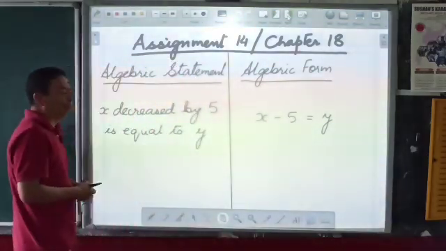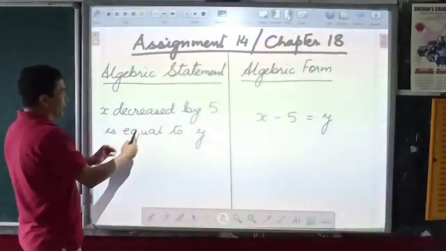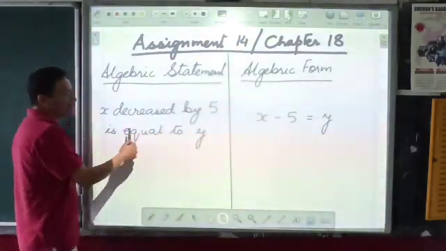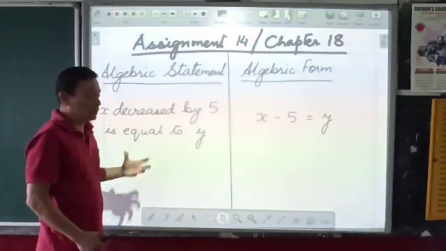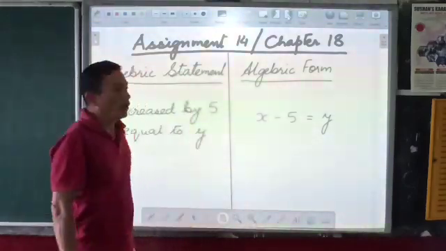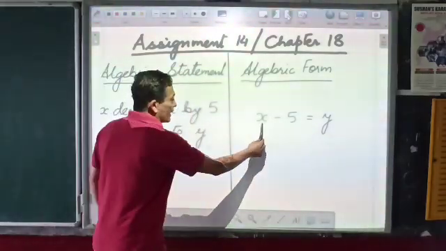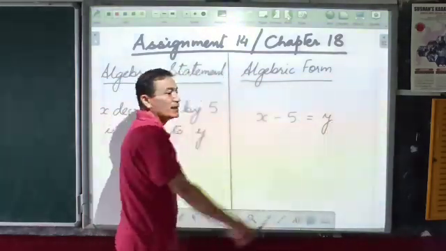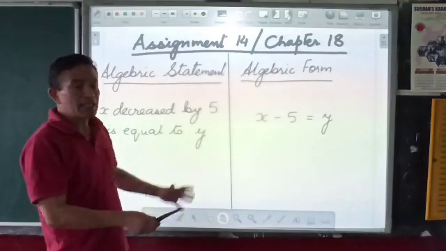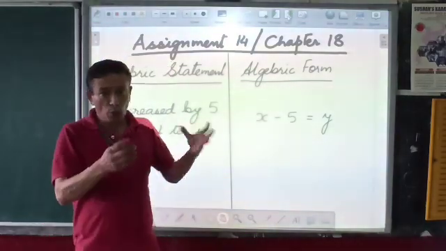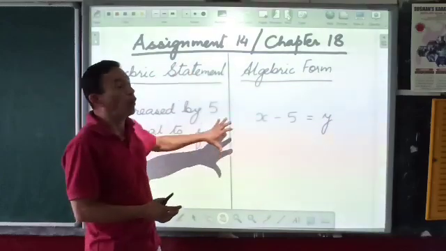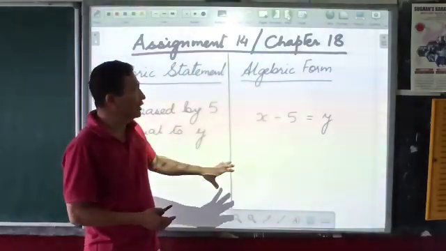So I've given one example here. Our statement supposes x decreased by 5 is equal to y. The simplest way of writing is from x we subtract 5 and the result is y. So in this chapter, what we are going to do is we are going to base the whole thing in terms of what we have learned earlier.